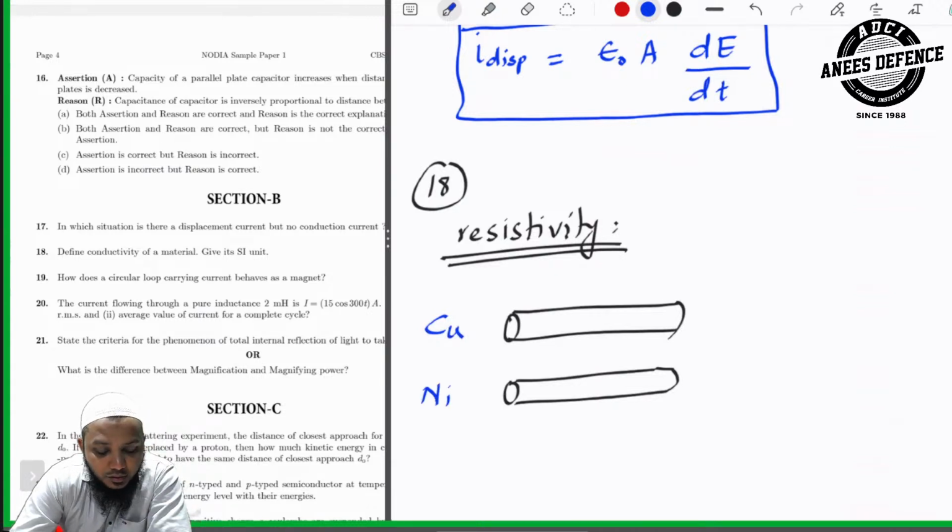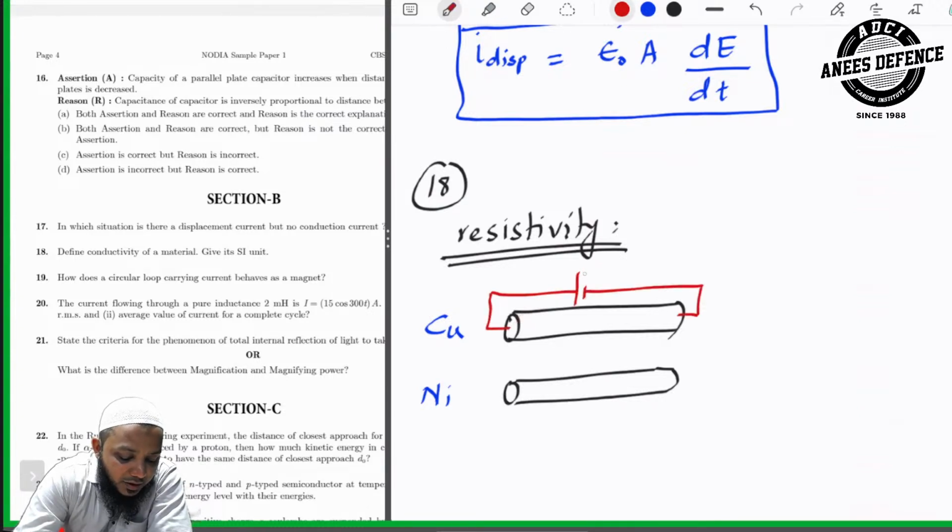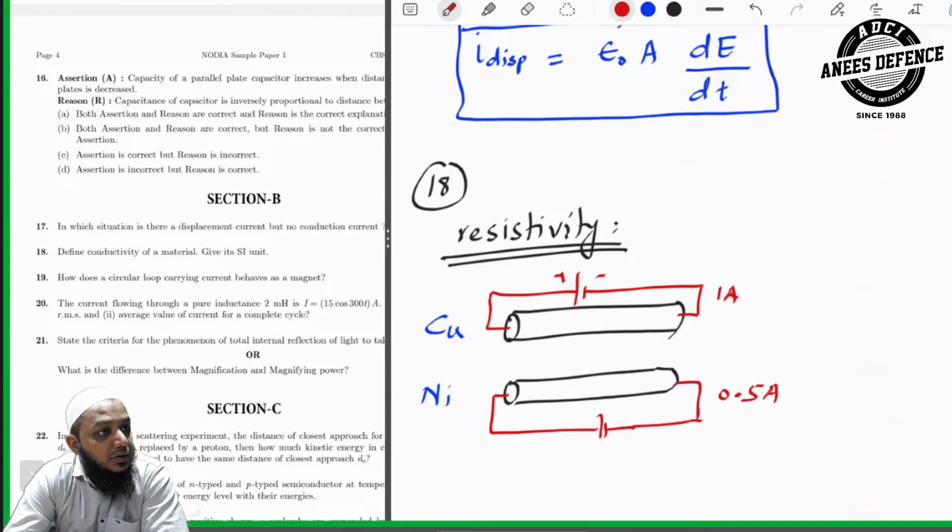Okay. So when I connect the same battery across both of them, suppose a 2-volt battery is connected across the copper wire, I notice that 1 ampere current flows. But when the same battery is connected to the nichrome wire, I notice that only 0.5 ampere is flowing.